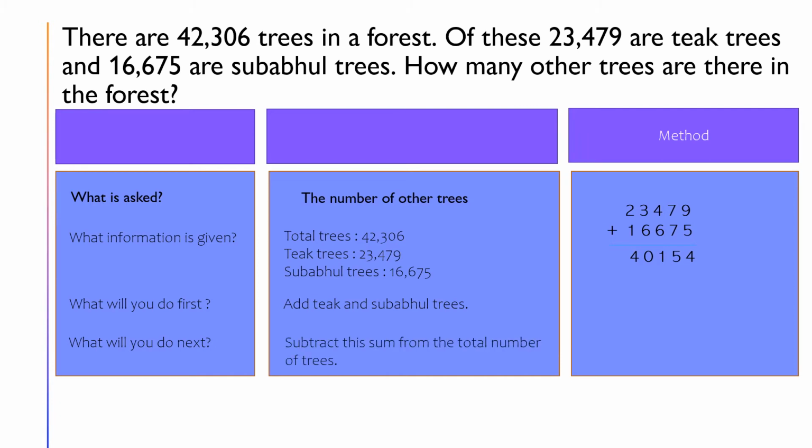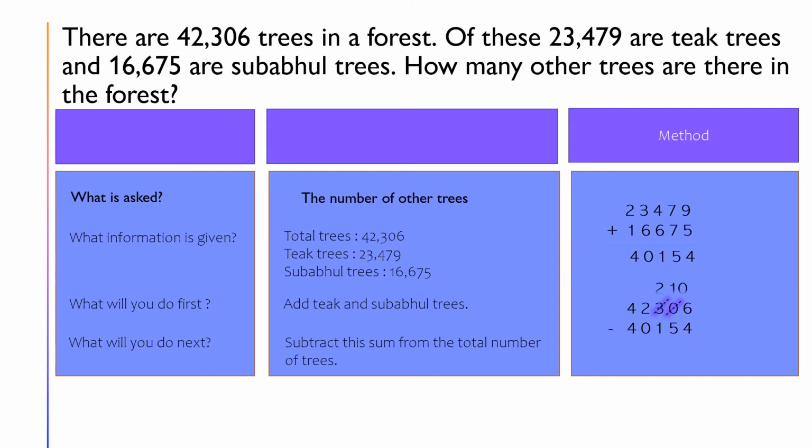Now, what will you do next? So, we will subtract this sum from the total number of trees. So, the sum we have got is 40,154 and the total number of trees is 42,306. So, we will do subtraction. 42,306 minus 40,154.